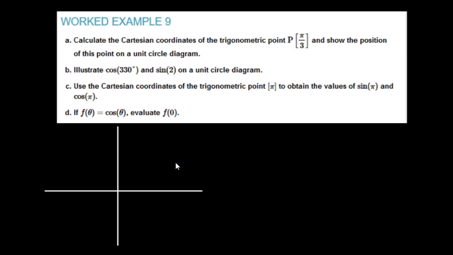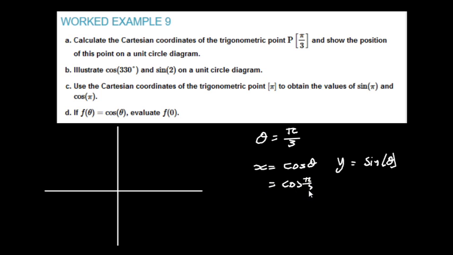Pi on 3 is our angle that we're interested in, and for Cartesian coordinates, x, if you remember, is our cos of the angle, y is going to be our sine of the angle. So we have cos of pi on 3 for our x value, and for our y value we have sine of pi on 3.